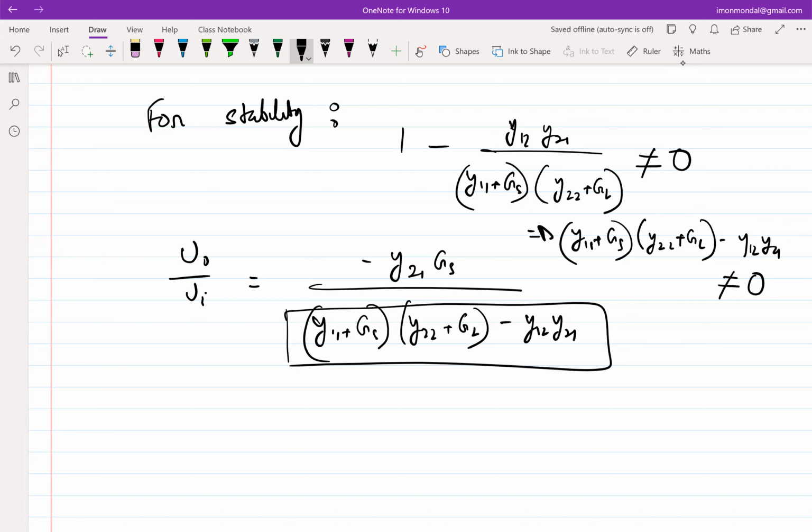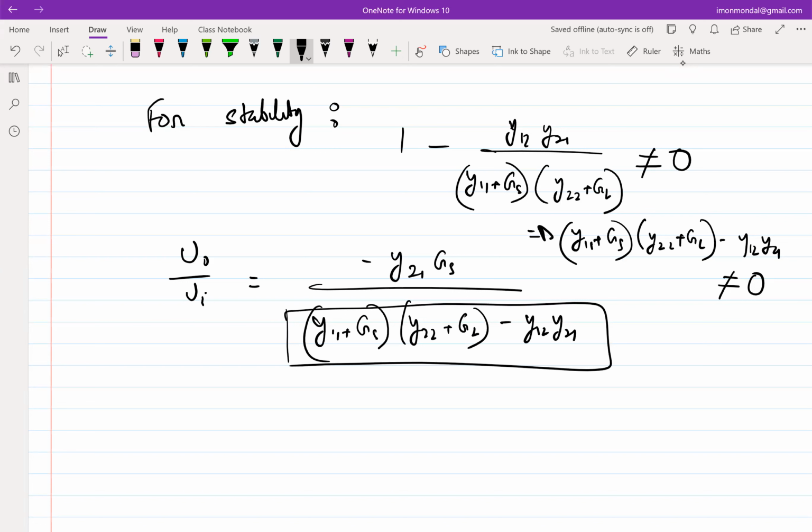Since the IV characteristics can change with changes in temperature, humidity, pressure, and voltage, you cannot guarantee that it will be precisely set, given that you are essentially playing with fire, right? You are just at the edge of instability. So it's better to stay away from instability as far as you can.